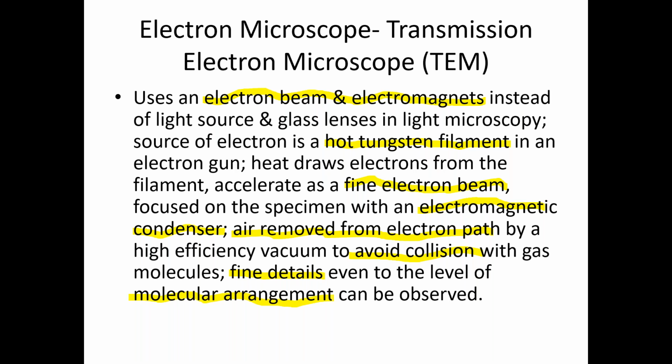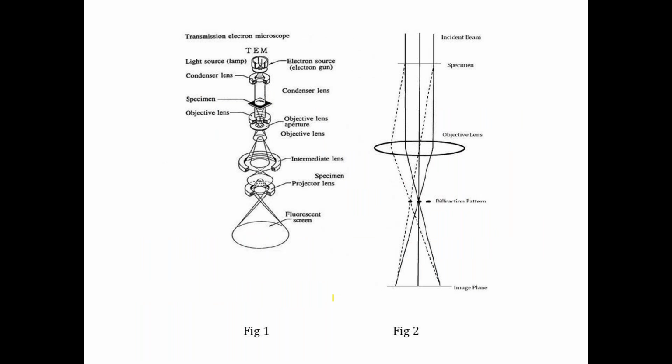So transmission electron microscope means electrons are transmitted, which will be focused on the specimen by means of an electromagnetic condenser lens, and the image is produced. Now this is about the electron path in a transmission electron microscope. We can see here there is an electron source or electron gun.